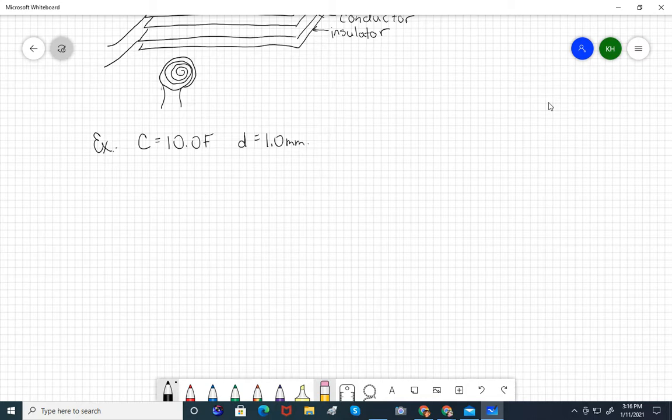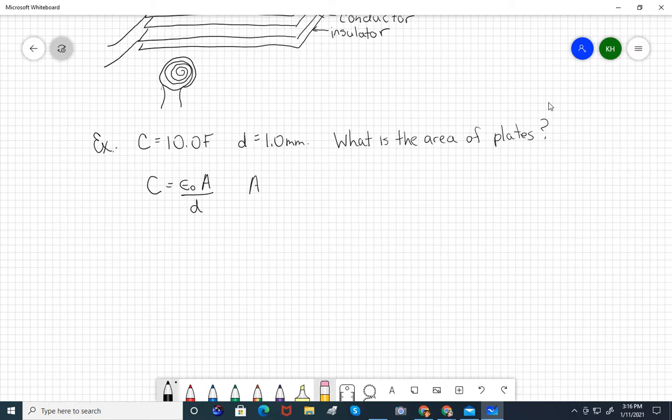And the question is, what is the area of the plates? So our formula says, well, the capacitance is epsilon naught A over D. And I want to find A.